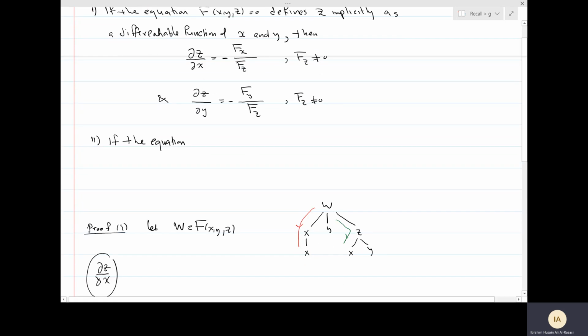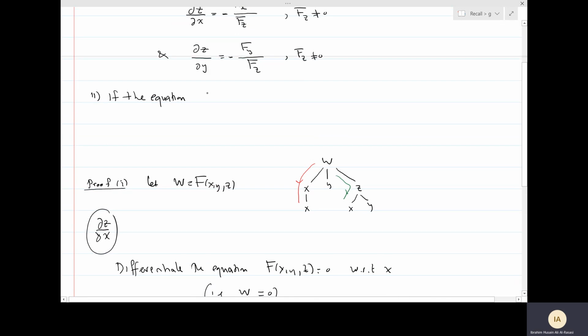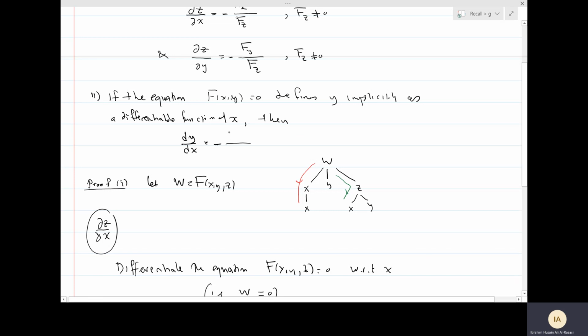Before I give an example, in fact, we have a similar thing for Math 101. In Math 101, if the equation F of x, y equals 0 defines y implicitly as a differentiable function of x, then dy dx equals, similar to the above, negative f sub x over f sub y, going diagonally, provided f sub y is not equal to 0.